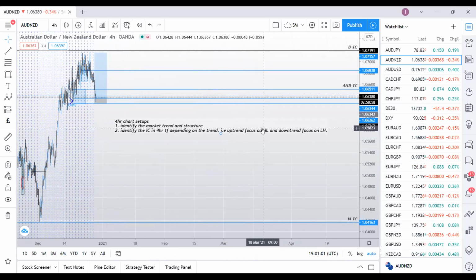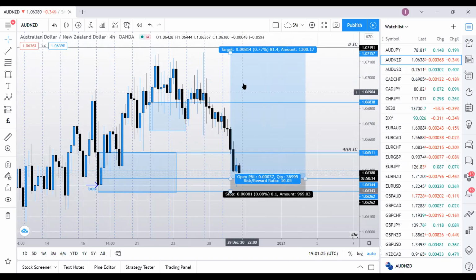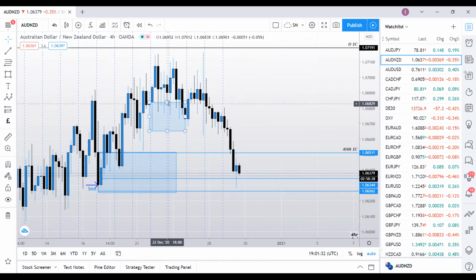You mark the candle that caused the break of structure for it to go up. This was the candle that caused it to create a higher high. Then you mark that candle out. Let me show you. If I delete everything, maybe it will help.